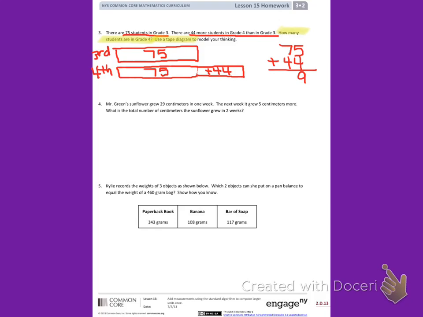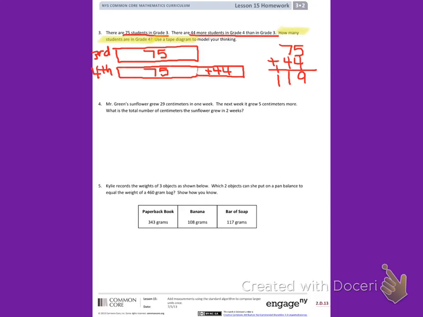We know that 11 tens is the same as 110. So I put the 1 in the hundreds column right on the line so I don't forget that it's there. Now the 1 in the hundreds column plus nothing else listed in the hundreds column is one group of 100. So 75 plus 44 is 119.